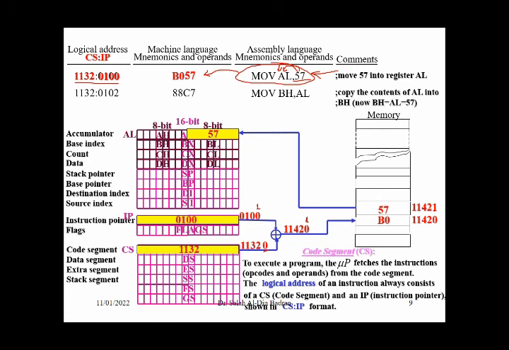In AL, as it's required here. So it takes it and saves it inside AL. This is AL in yellow, you see it? So after executing this instruction, 57 will be stored inside the 8-bit AL, because it's an 8-bit number, 57 in hexa.